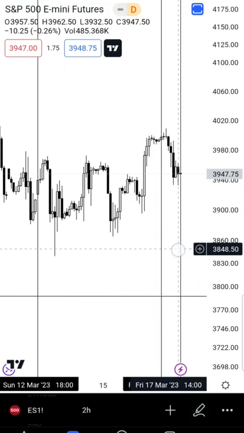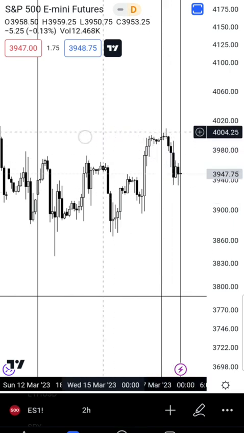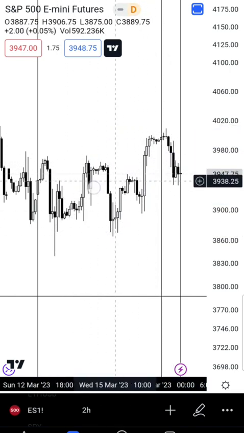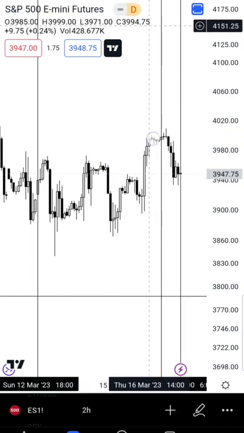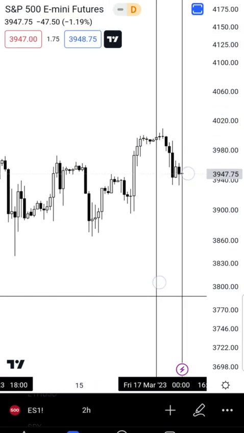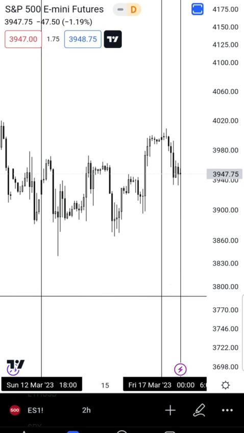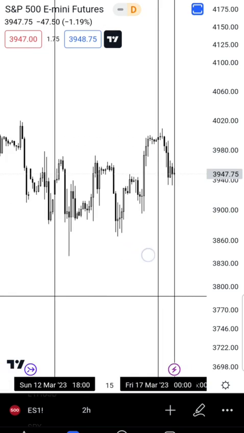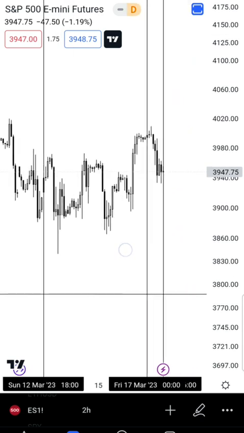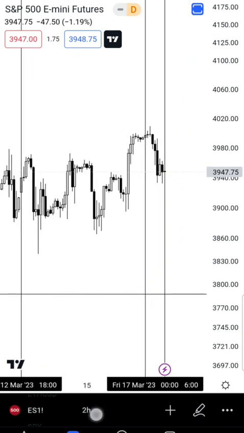And this is the section of the week. We're going to ignore all of this. We're going to consider it to be noise, except this high right here. And we're going to focus in on this subsection of time we have here.